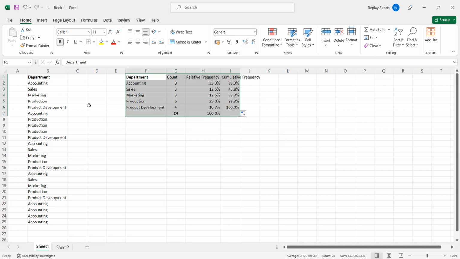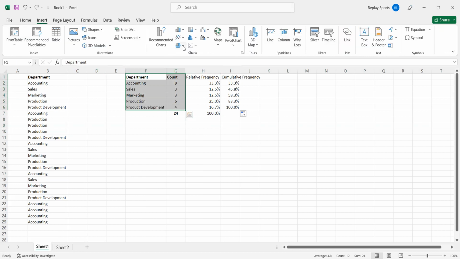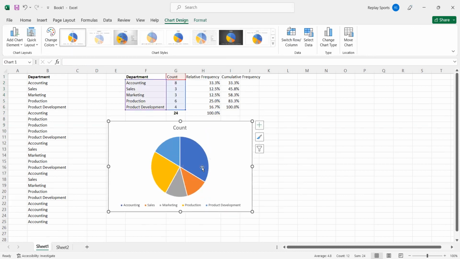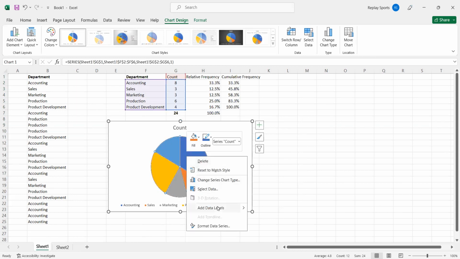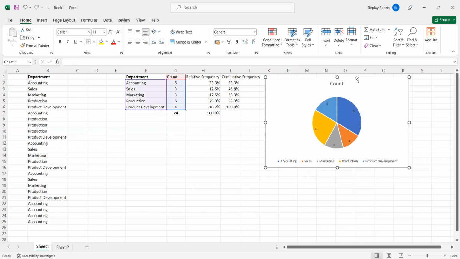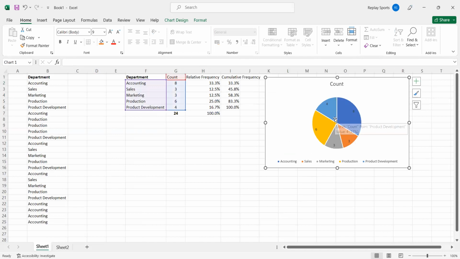This is called the frequency distribution of your categorical data. One common graph that you can draw here is a histogram or a pie chart. So I go here, I click on pie chart, and you see these different colors. Accounting, and I can add labels here, either number or frequency or relative frequency.